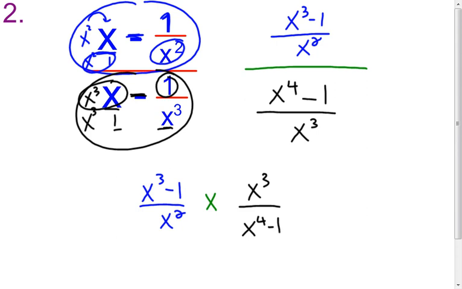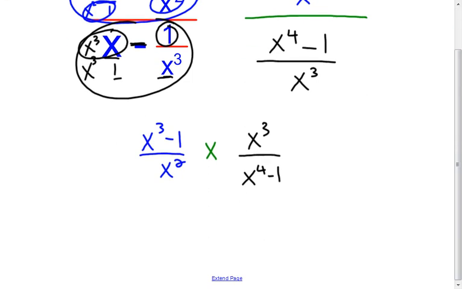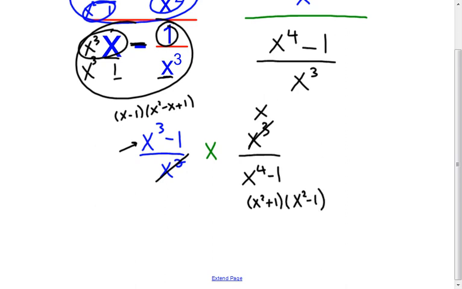My x squared will cancel with 2 of these and make this just simply be x. And technically, I could use sum and difference of cubes right here, and I'm going to just show you this and factor that as x minus 1 and then x squared minus x plus 1. That's how that would factor. And this down here is a perfect square, and I could factor that as x squared plus 1 and x squared minus 1.